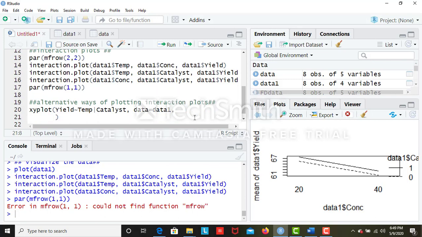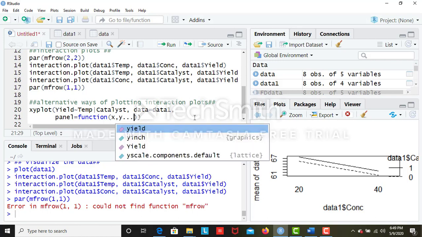And then I have panel is equal to function x, y, dot, dot, dot.